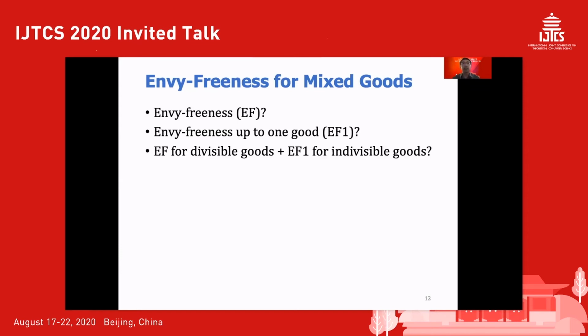The next idea is, how about we use an envy-free allocation for the divisible goods, and an EF1 allocation for the indivisible goods, and finally combine these two allocations together? Next, I want to argue via a simple example that this is also not a good option.